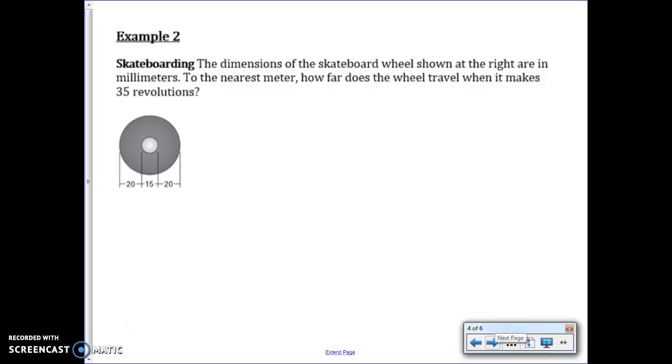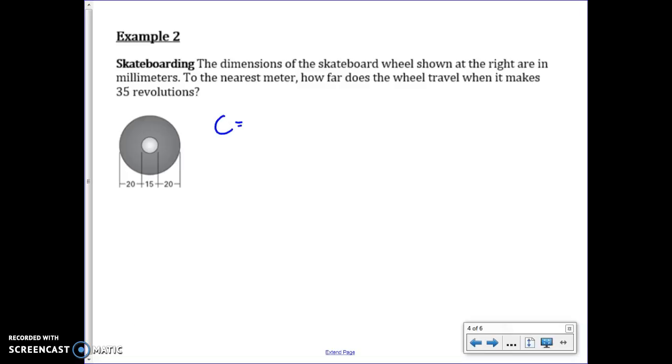Okay, the dimensions of a skateboard wheel shown at the right are in millimeters. To the nearest meter, how far does the wheel travel when it makes 35 revolutions? We want to know the distance around the circle 35 times. So first, we need to find the circumference, which tells me the distance around the circle one time.